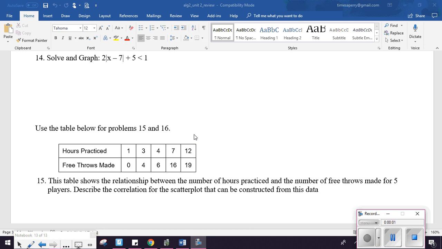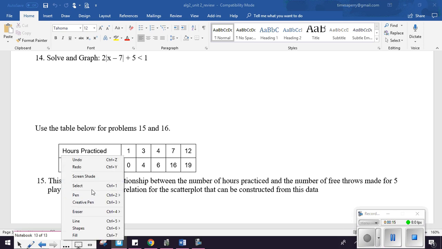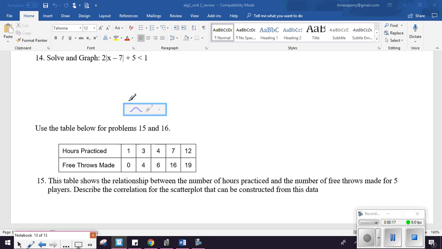All right, for number 14, solve and graph 2 absolute value of x minus 7 plus 5 less than 1. So again, we have to get the absolute value of x minus 7 by itself first. So I would need to subtract 5 on both sides.